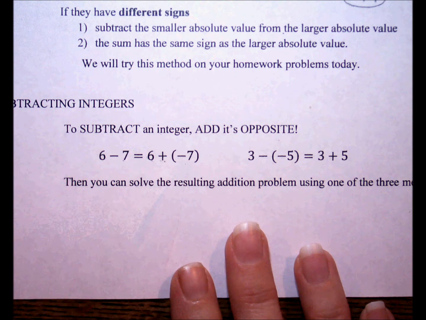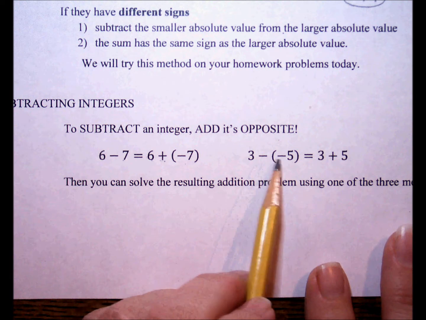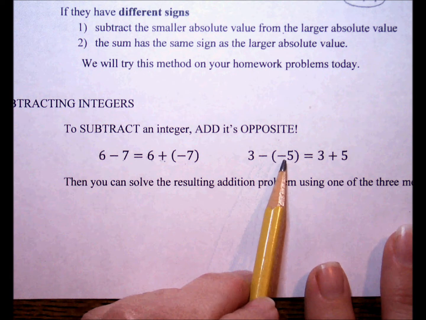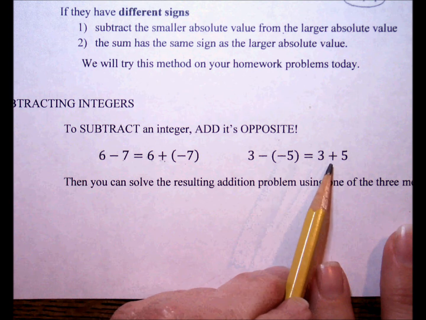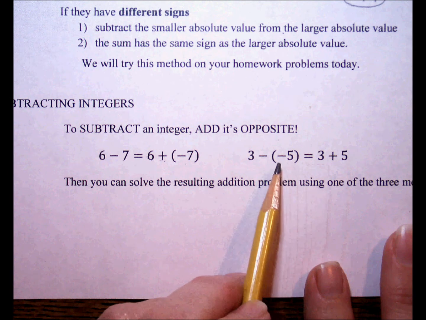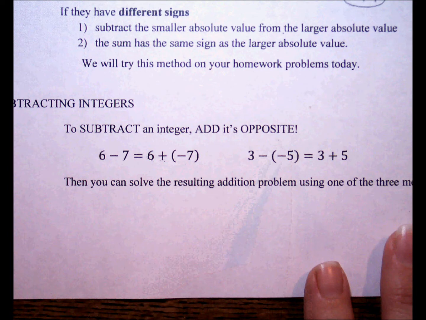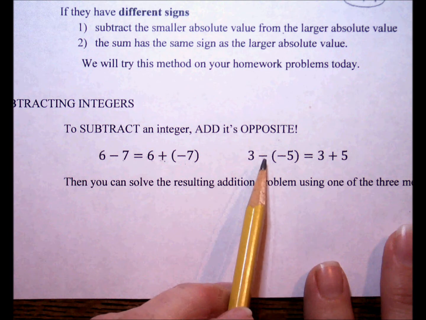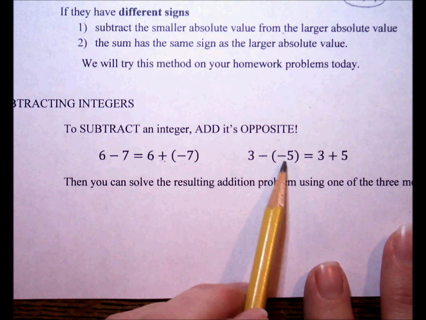So 6 minus 7 is the same thing as, remember, we're adding the opposite, 6 plus the opposite of 7, which is -7. And look at this one. 3 minus a -5 is the same thing as, remember, we're adding the opposite, 3 plus a +5, since +5 is the opposite of -5.